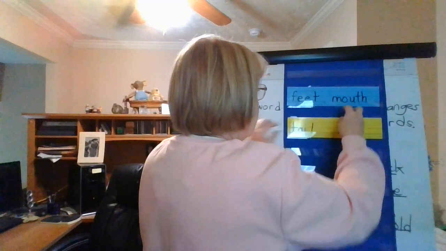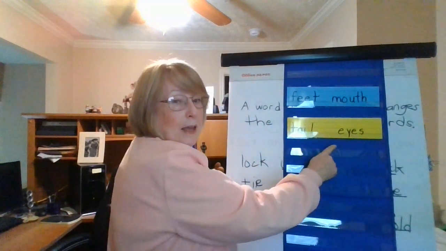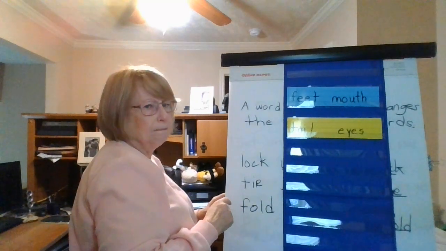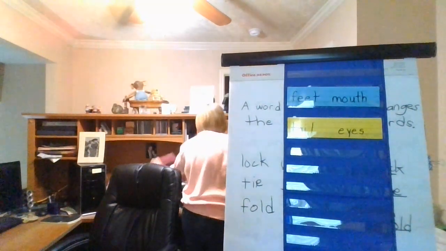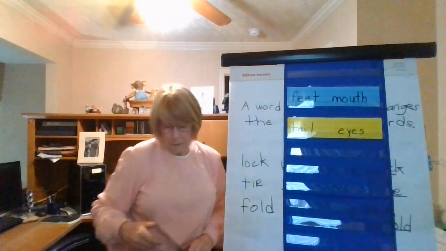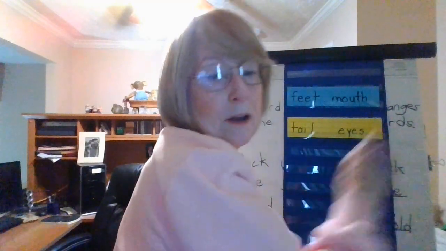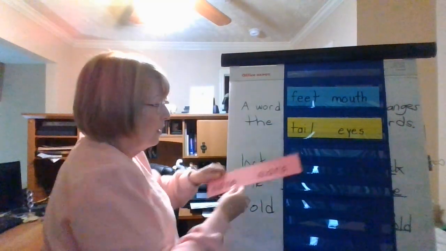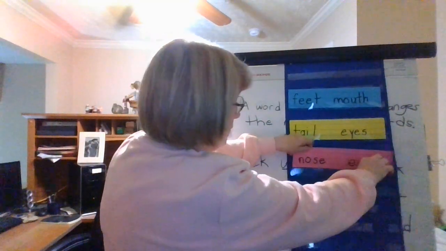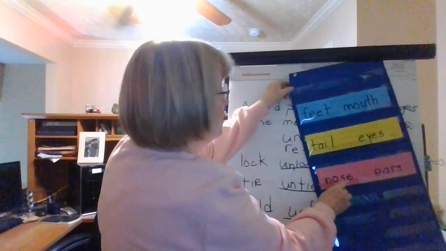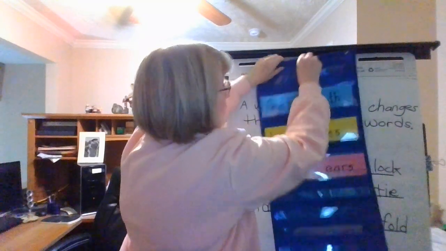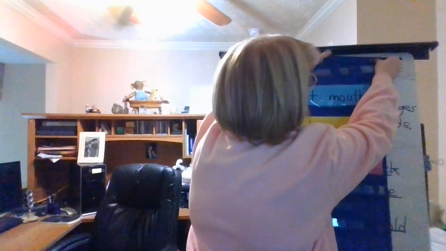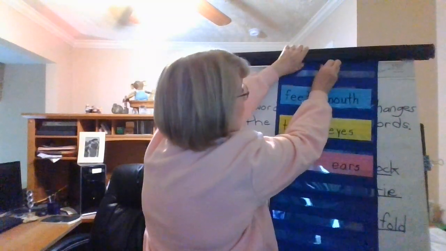How about this one? Tail and eyes. And here's the last one. Last one is nose and ears. So that's what we are going to be hearing a book about today.